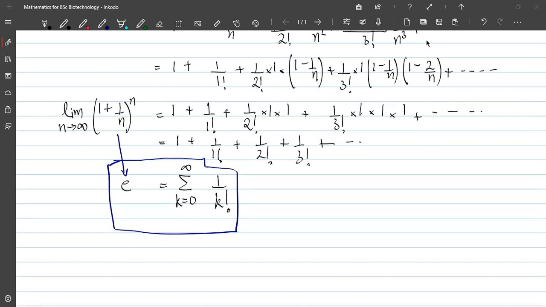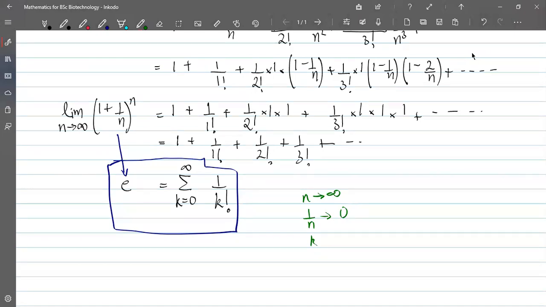Okay, how does 1 minus k by n tend to 1, right? So what we're doing here is n approaches infinity. So if n approaches infinity, what does 1 by n approach? 0. And so if k is a finite number, a fixed number like 2, 3 and so on, in each term k is finite and fixed, right?